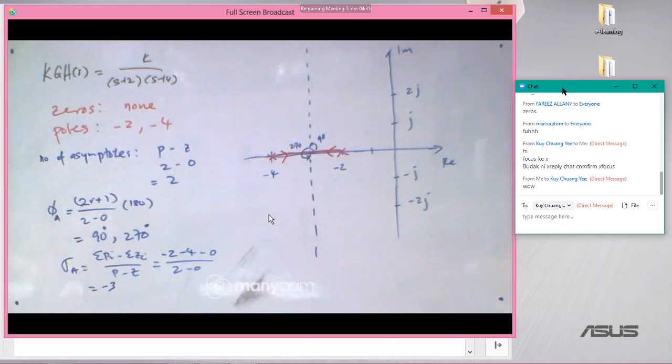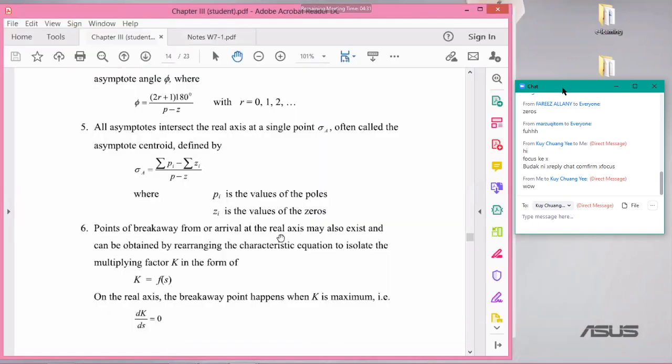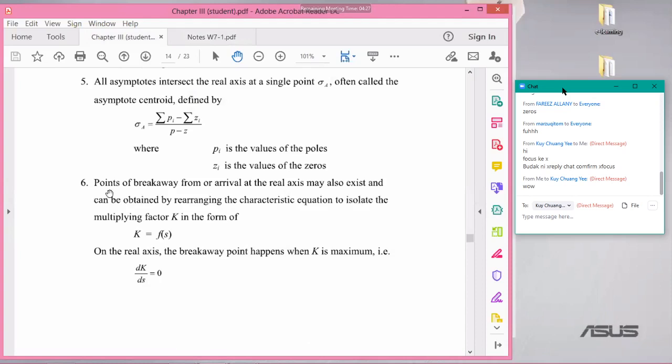So the breakaway point can be computed using the sixth guideline here. Points of breakaway from or arrival at the real axis may also exist. In this case, we have that point. We can compute that by writing the characteristic equation.